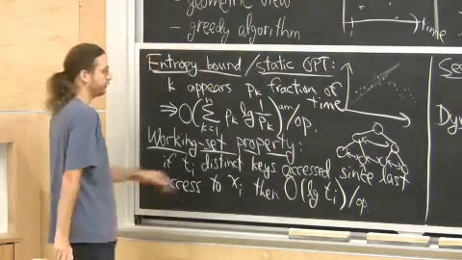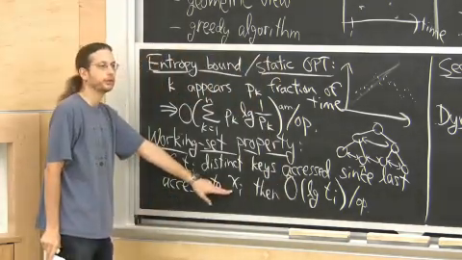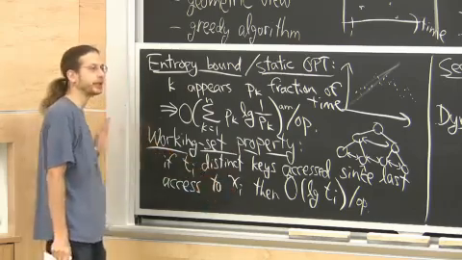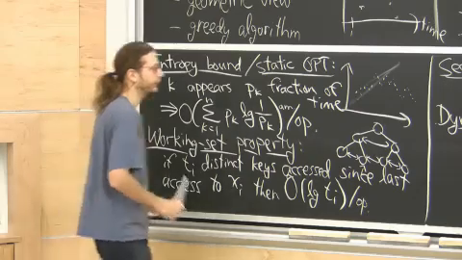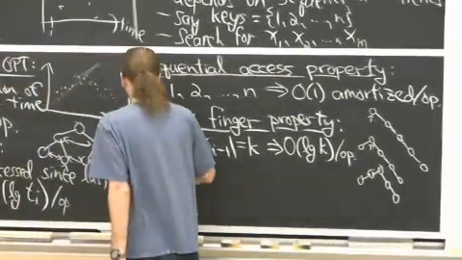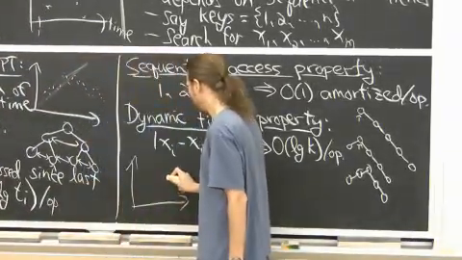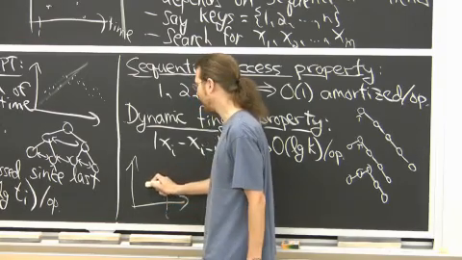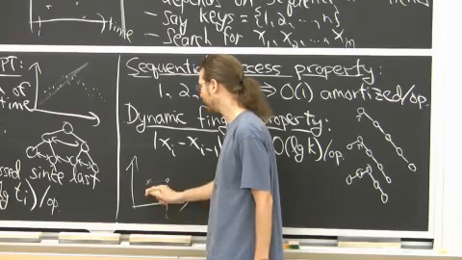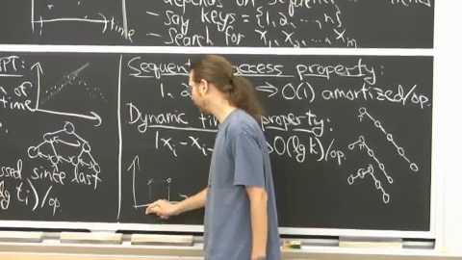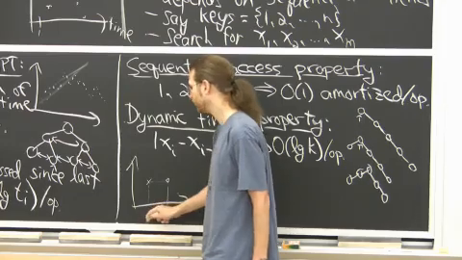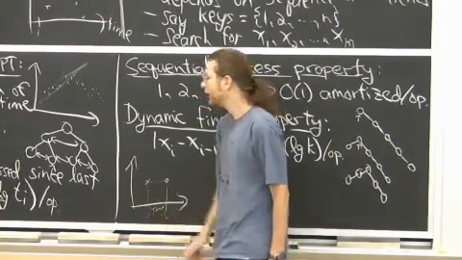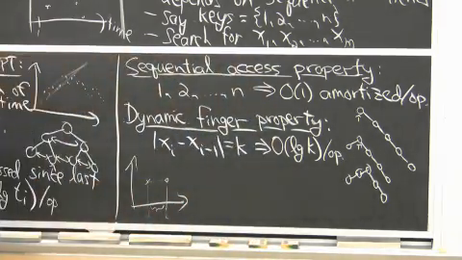For each search we do, x_i, we're going to see, when that's some key, when was the last time that key was accessed? So in our space-time diagram, we have some access at time i. We want to look backwards in time to the last time that key was accessed, say that was some other time j. And in this interval, we want to know how many distinct keys were accessed.